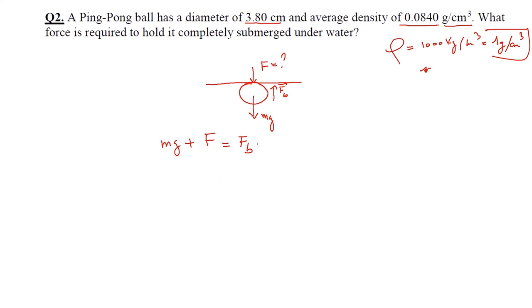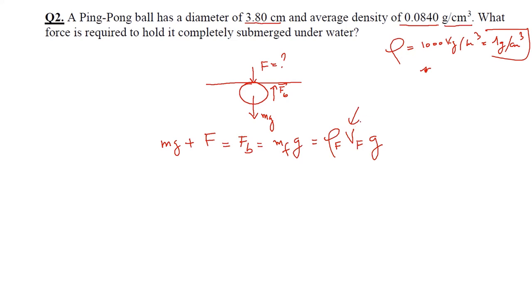So now what is the buoyant force here? The buoyant force is equal to the mass of the fluid displaced by the ping pong ball times g. So Mf g is equal to what? Rho f Vf g. Vf being the volume of the fluid displaced by the ping pong ball.